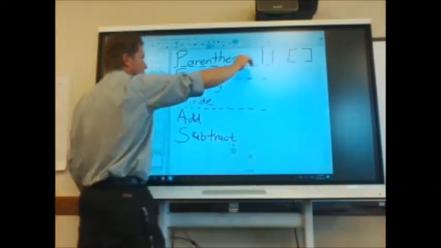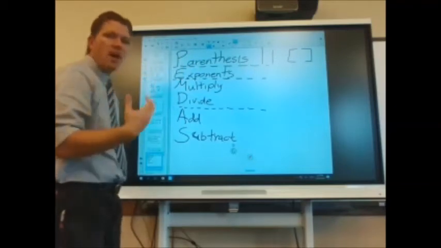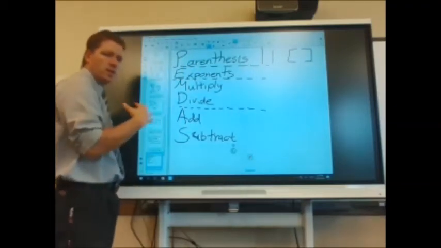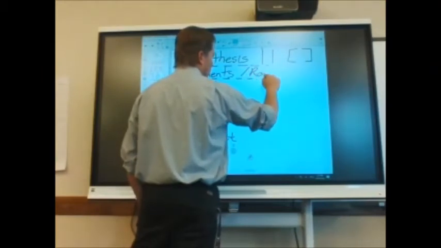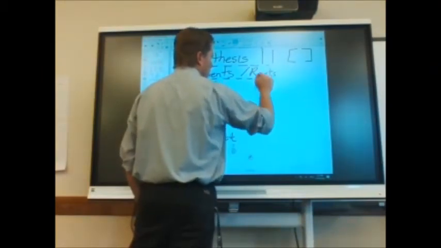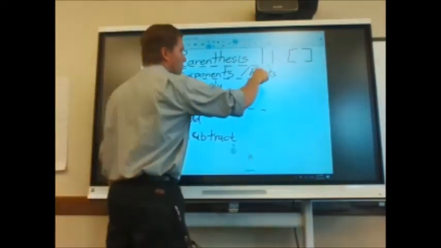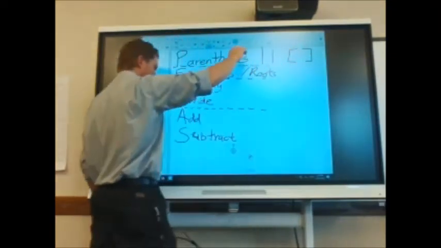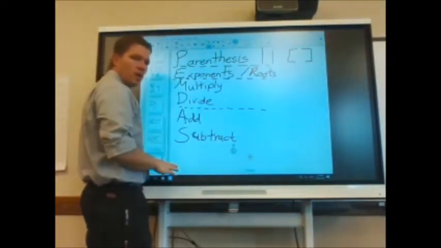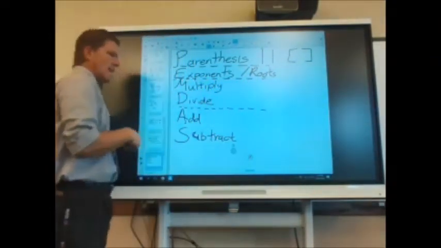The second step, exponents, the combo operation with exponents is roots. So making sure that we put those two together and they're done at the same time, okay? So anything done in parentheses then gets simplified with all the others. Our exponents and our roots happen next.